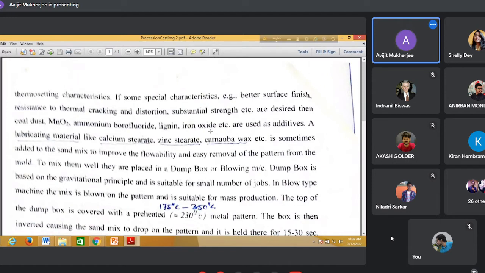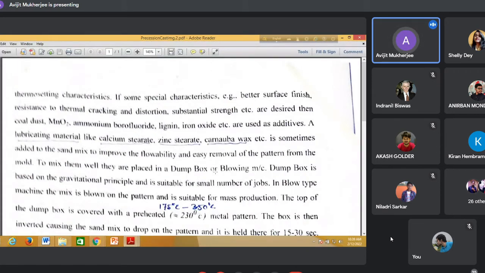And also, when I am using lubricating material, it will give ease of removal. You understand? If I want to take out the pattern, then if I have some lubrication, obviously it will be easier. Okay. So all these are placed in the dump box. We have all observed what a dump box is, or sometimes a blowing machine. Where to use a blowing machine, where to use a dump box.